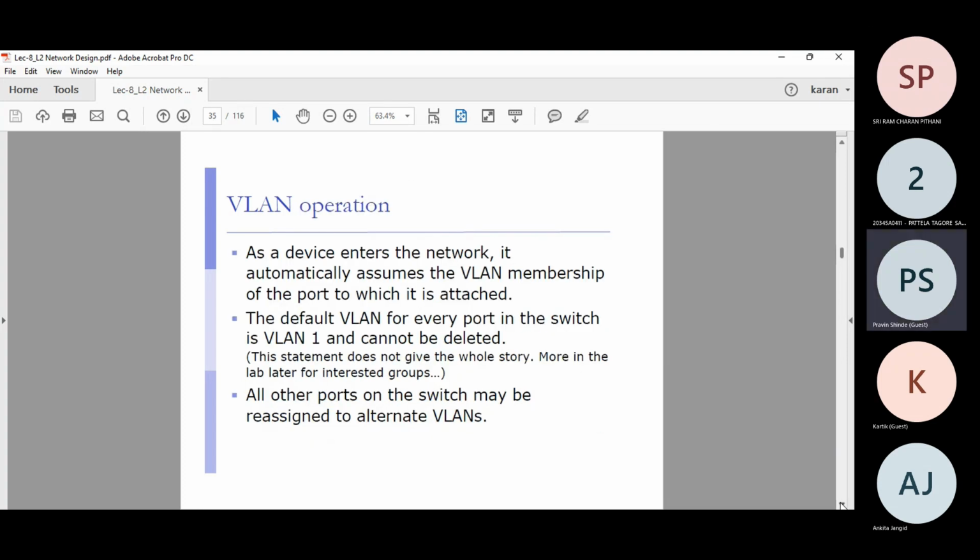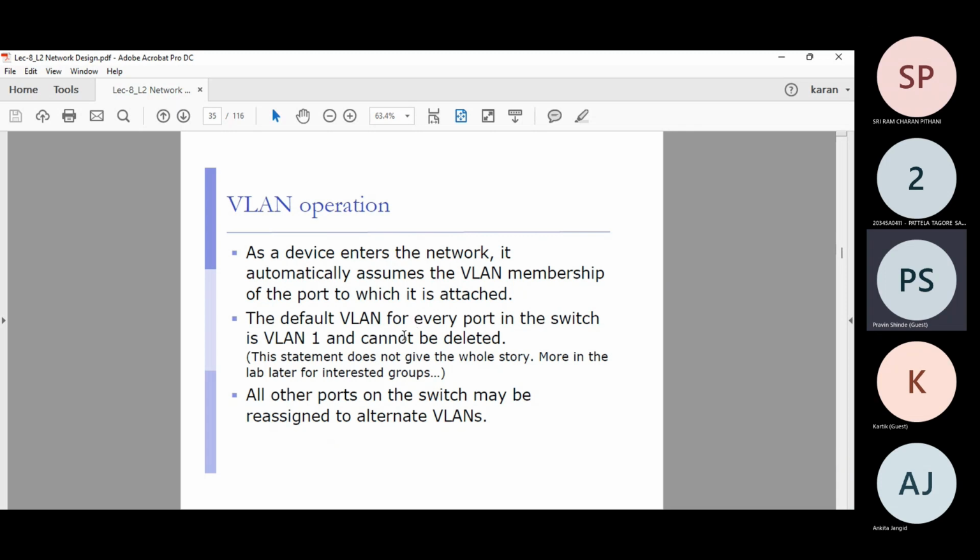VLAN operations. As the device enters the network, it automatically assumes the VLAN membership of the port to which it is attached. The default VLAN for every port in the switch is VLAN 1 and cannot be deleted. Okay, so VLAN 1 is the default VLAN.